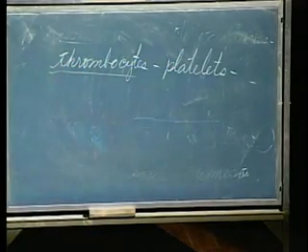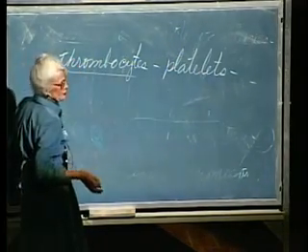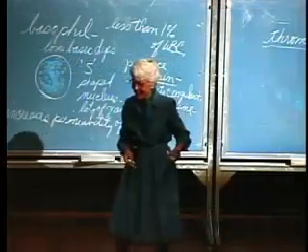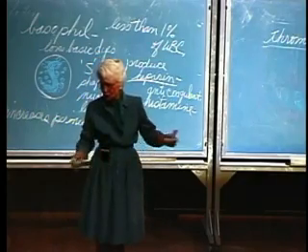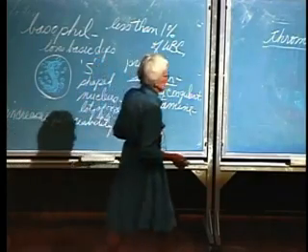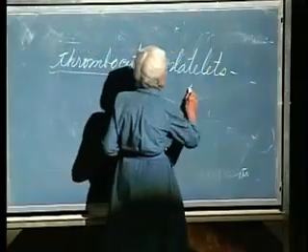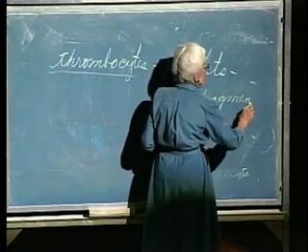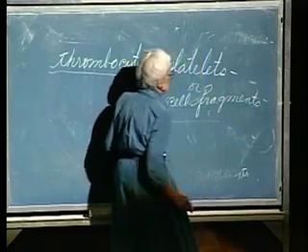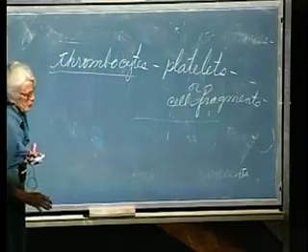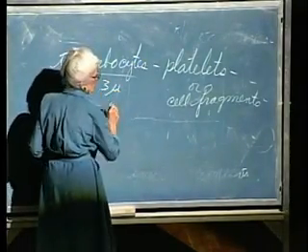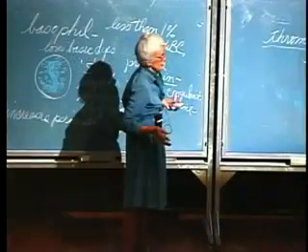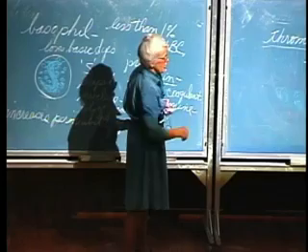Cell fragments. You'll see these used in different parts of the country. When I left Berkeley and went east, I found they use different terms, or some schools use one and not the other. So I give them all to you, and you can take your choice. These are all thrombocytes. These are little fellows, only 3 micra. And again, a misnomer. They're called cells, thrombocytes, yet they're fragments of a cell.